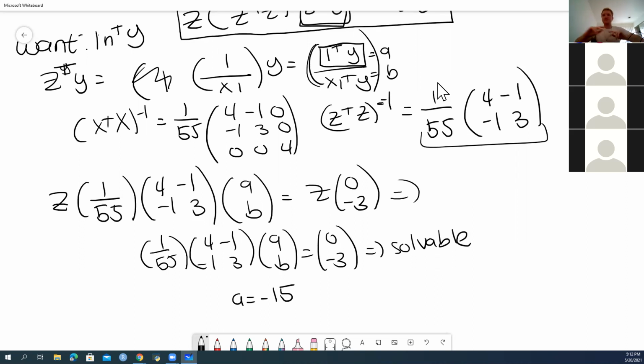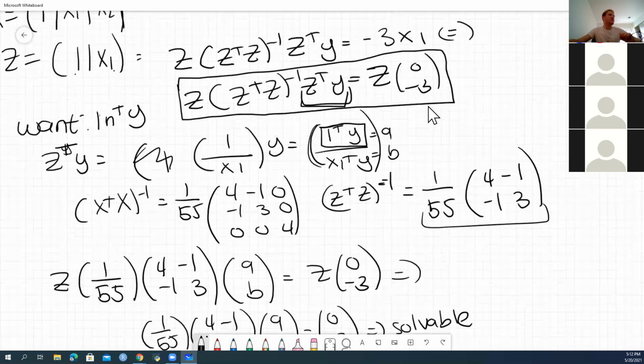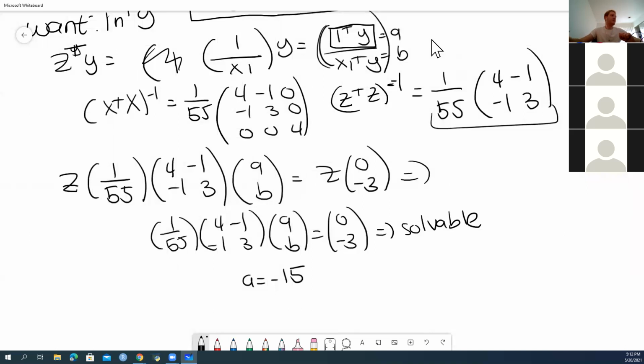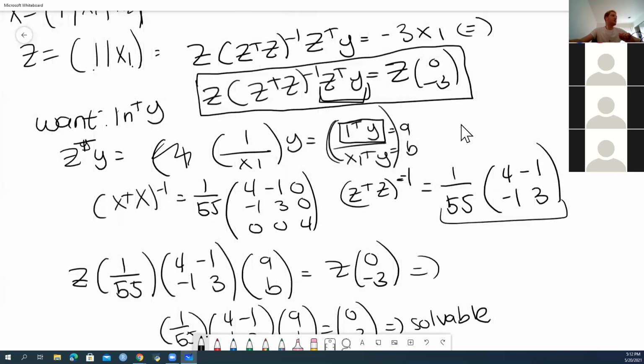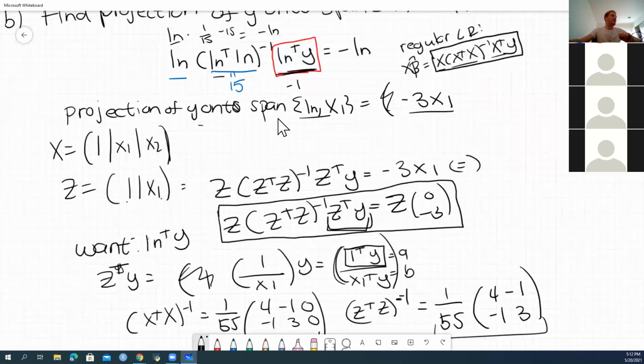So the 1n transpose y is going to be -15, not -1 over 15, just -15. Yeah, because if you look up here again, sorry, I know it's hard to see a lot of stuff on the screen. Okay, if you look up here, this is 15, so then the inverse will be 1 over 15.